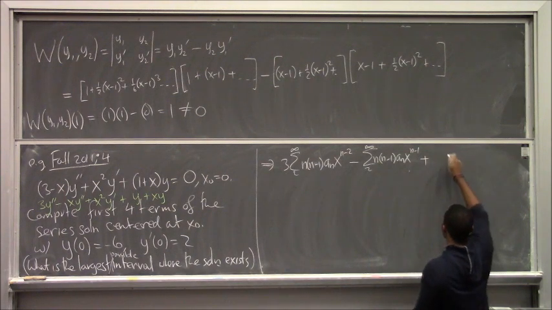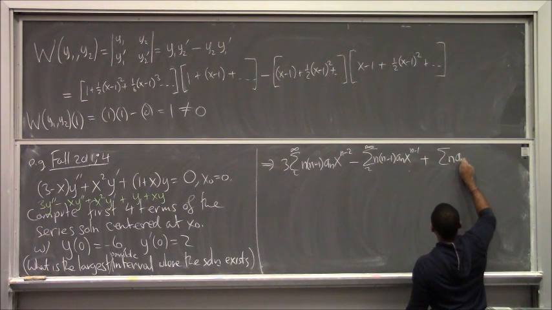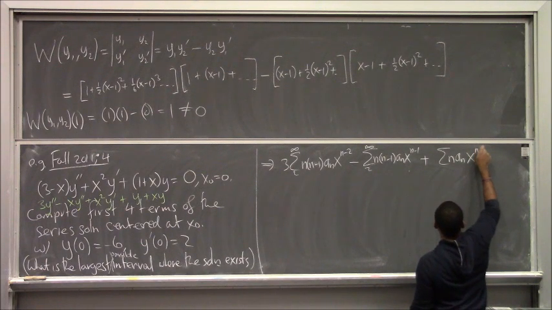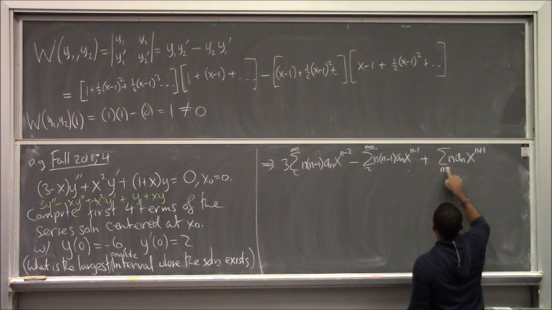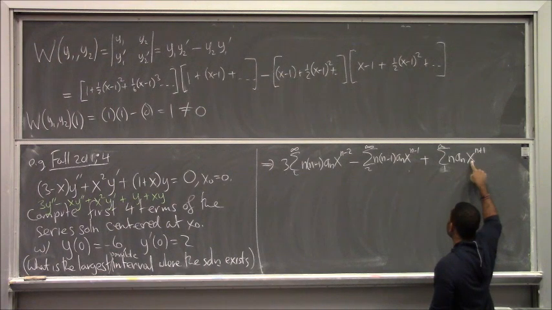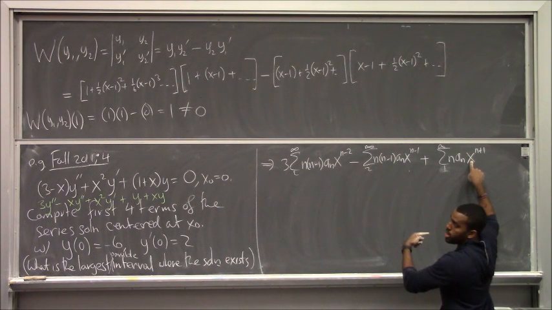So the derivative is going to look like n a n x to the n minus 1, but I'm going to bump that power up by 2, so that's x to the n plus 1. And this one I can start from 1 to infinity. Wait, go back really quick. This is x to the n minus 1, because that's the first derivative, and I multiply by an x squared.